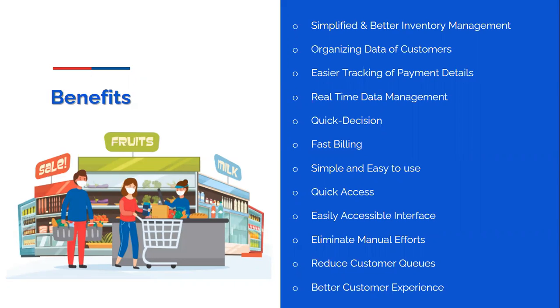If you have proper ERP software or fast billing software, there is no need for customers to wait, because you can do the fastest billing. That's why the customer is happy, and you will get more business in future, right? So this is reduced customer queues and better customer experience.